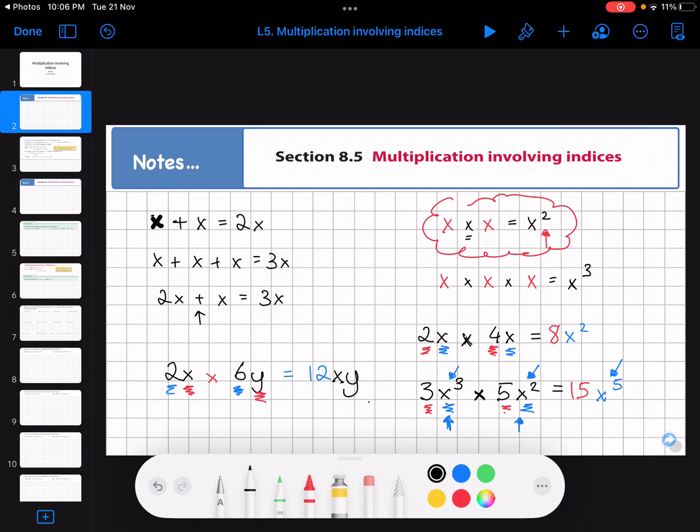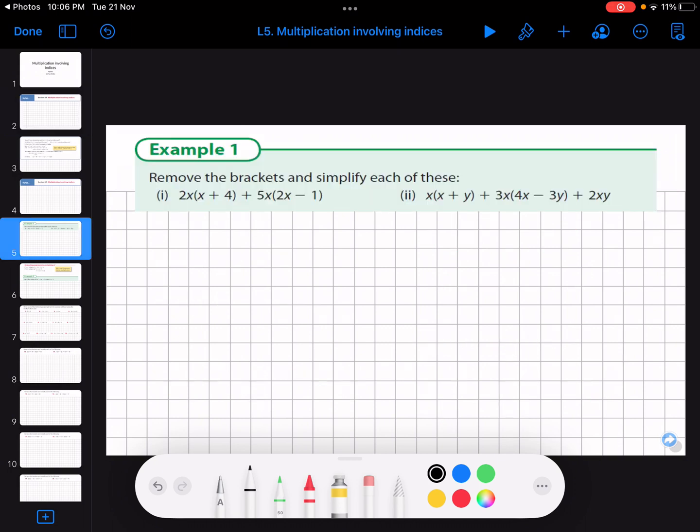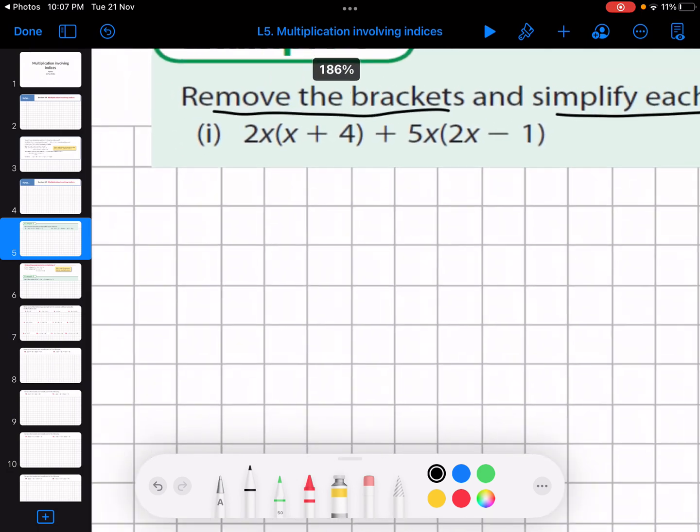When we're looking at examples for this, let's have a little look at this question. Similar to one of the previous videos, we have to first of all remove the brackets that we've done before and then simplify. So with a long sum like this, I would break it up.